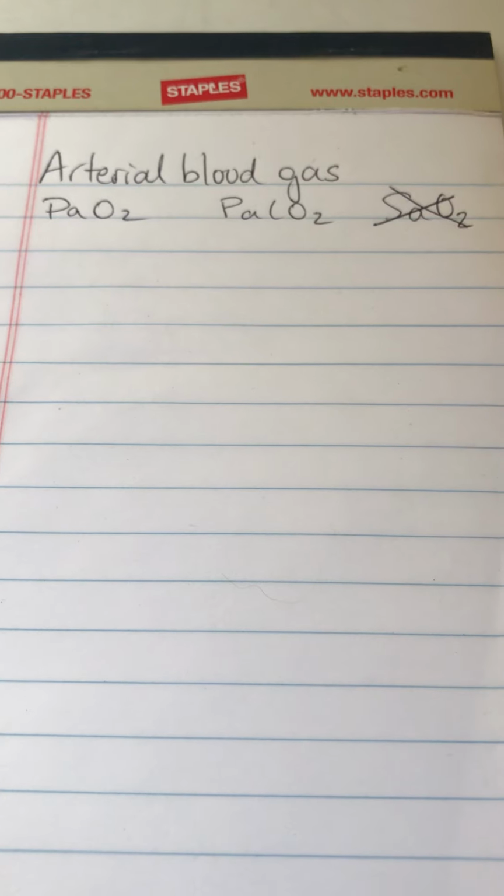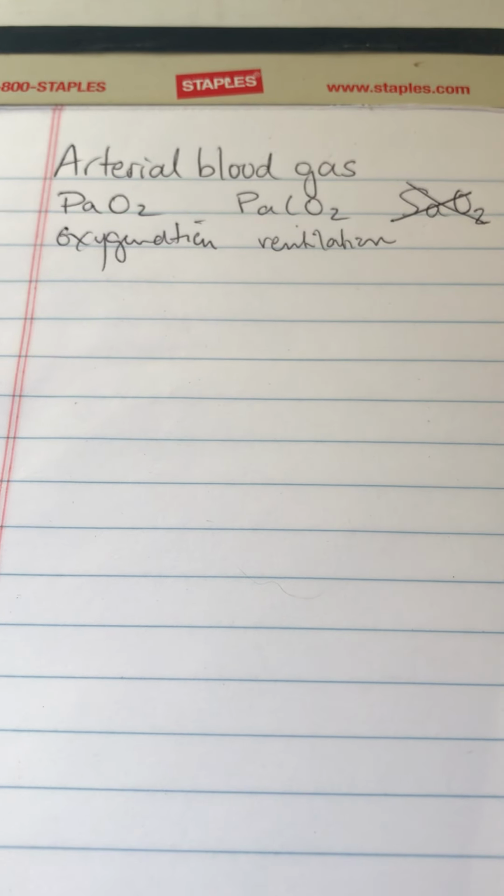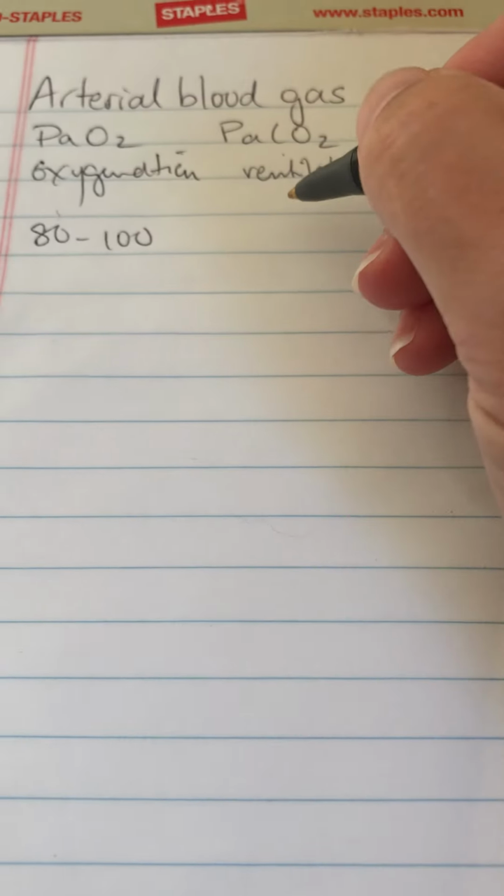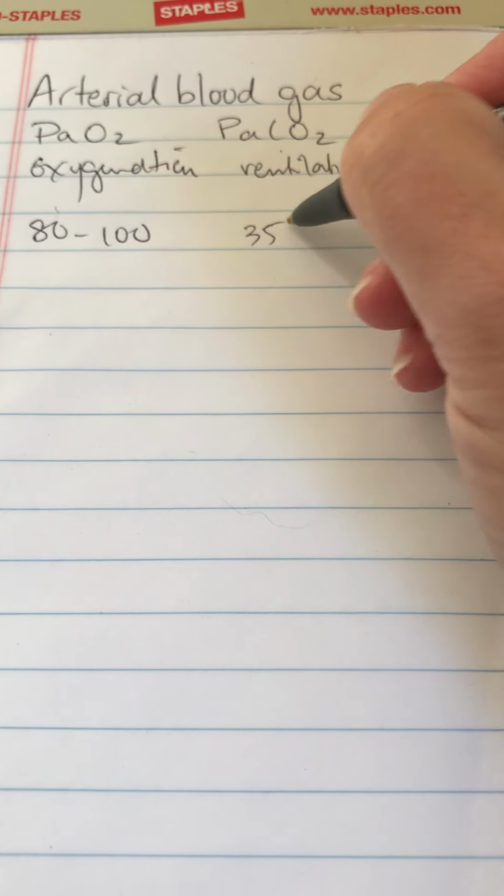All right, so the PaO2 reflects oxygenation, and the PaCO2 reflects ventilation. And obviously the question we want to know when we are looking at an art gas is, does the pet need oxygen? So let's look at these numbers. Normal PaO2 is 80 to 100. Normal PaCO2 is 35 to 45.